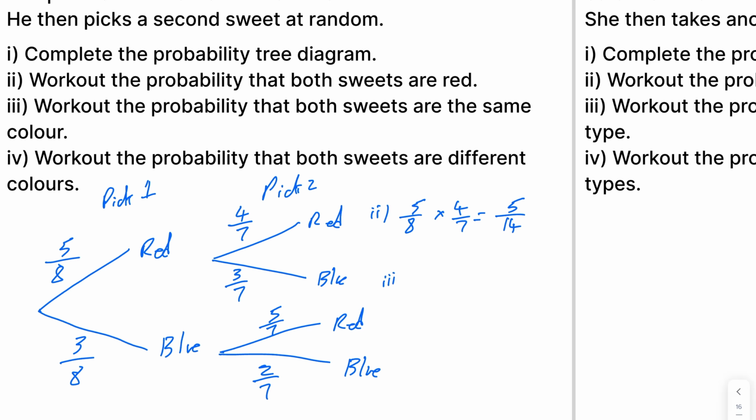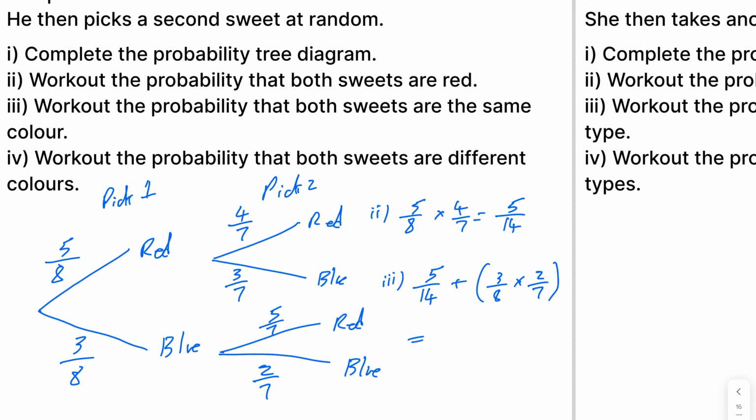And part two, look at the probability that both sweets are the same color. So we can have a red and red, and we can have a blue and blue. We know red and red is 5 over 14, we've already calculated that. Add that to blue and blue, which is 3 out of 8 times 2 out of 7.